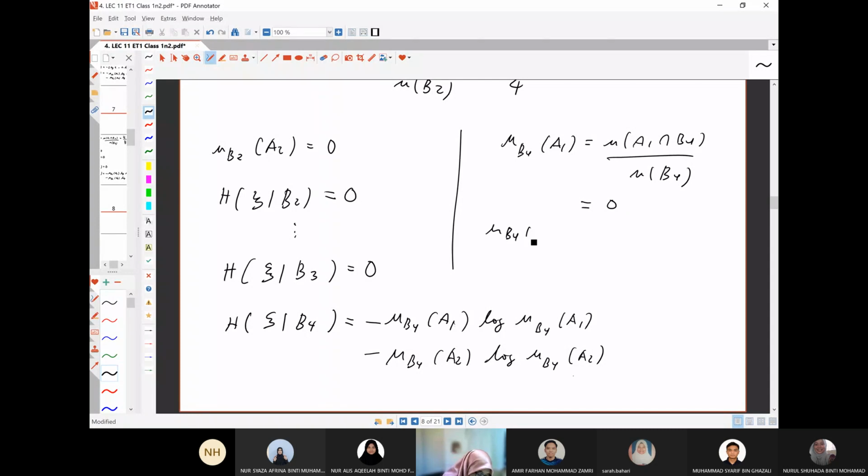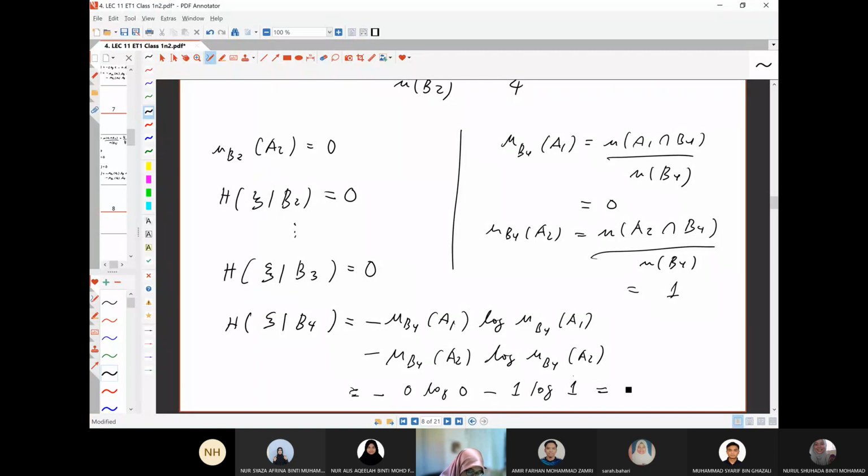Mu b4 of a2 is 1. So again the same. If you put the values here, 0 log 0 minus 1 log 1, which also gives you 0. So all of them are 0.